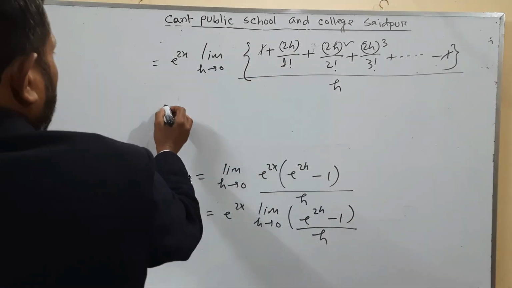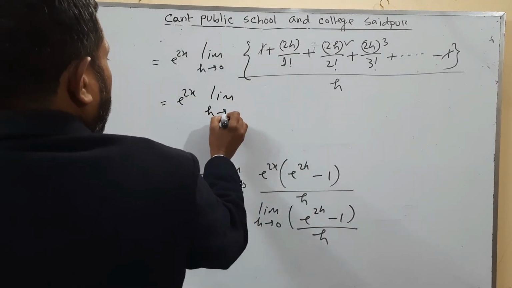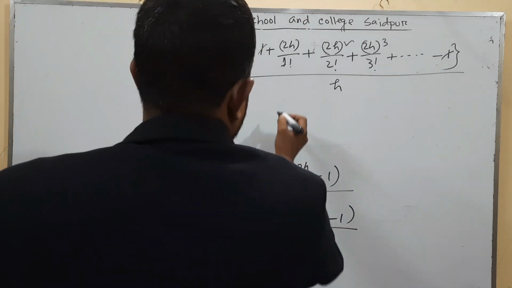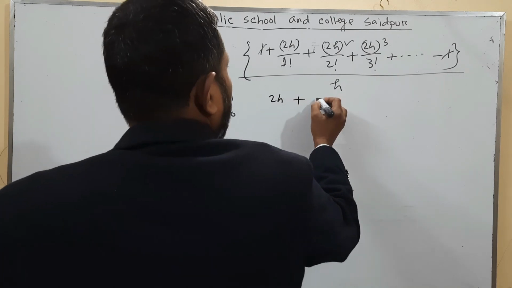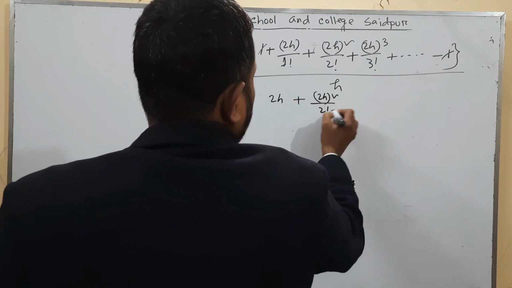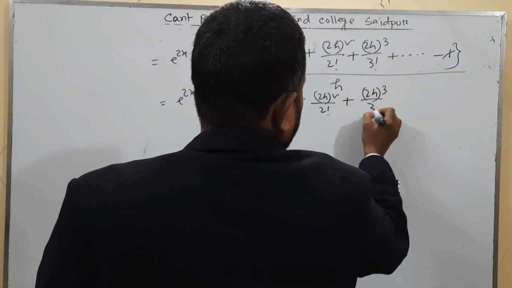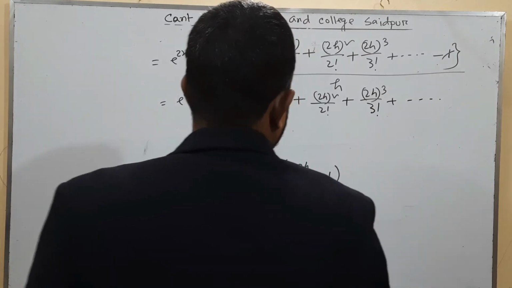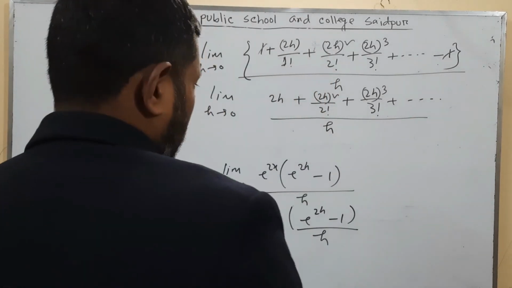This 1 will cut. E to the power 2x limit h tends to 0, this will be 2h plus 2h square by factorial 2 plus 2h cube by factorial 3 dot infinity, divided by h.